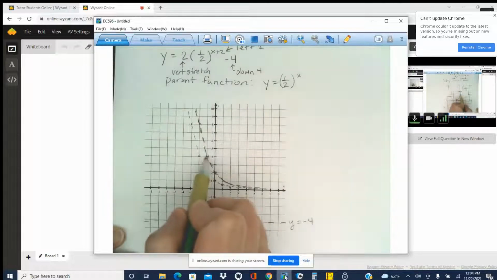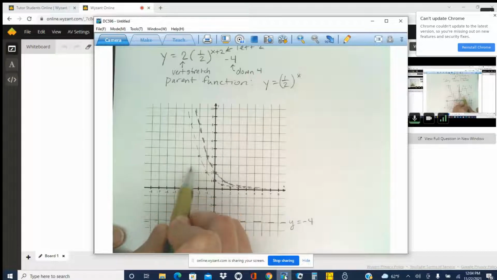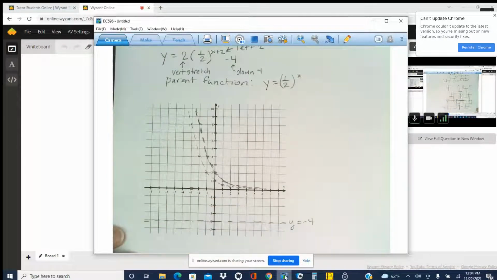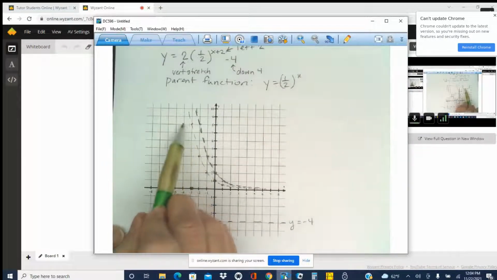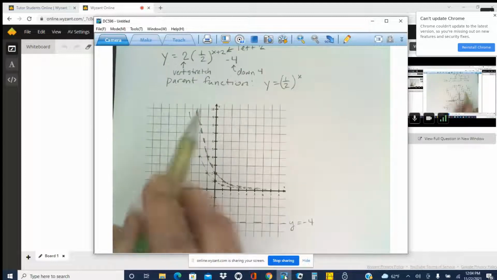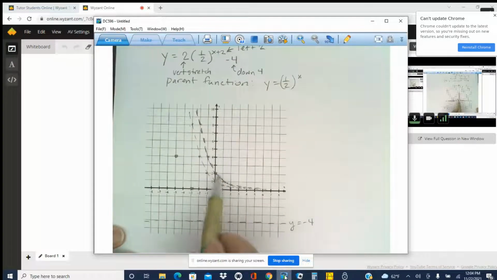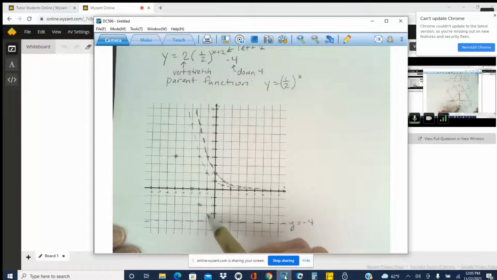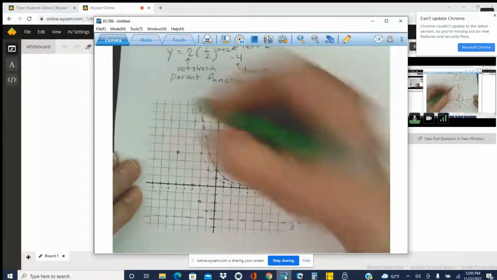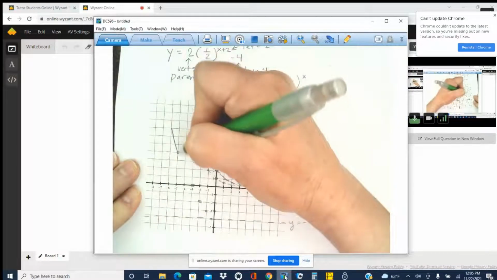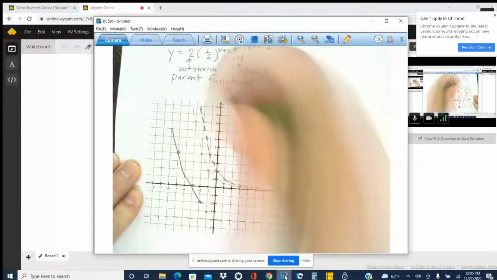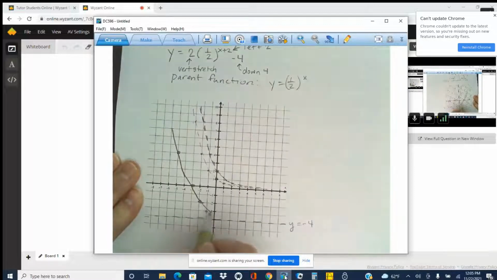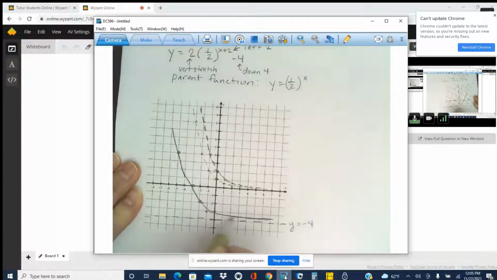So this point right here, left 2, down 4, ends up right there. This point up here, left 2, down 4. This y-intercept, left 2, down 4. And this point, 1, 2, 1, 2, 3, 4. And our new graph is going to look like this. And there's our answer.